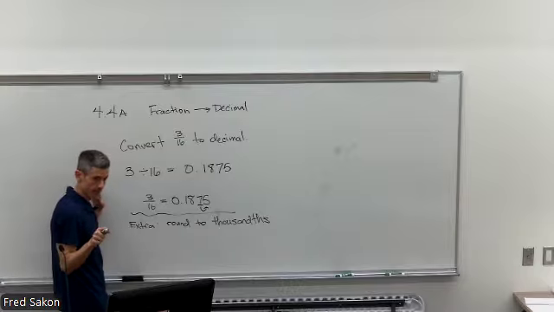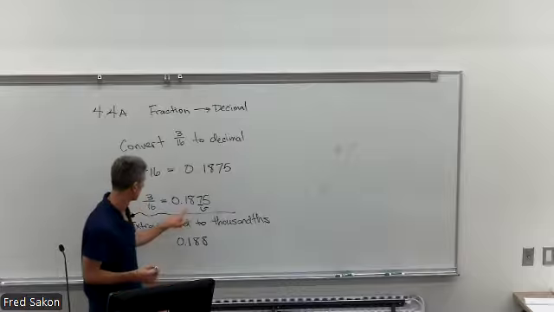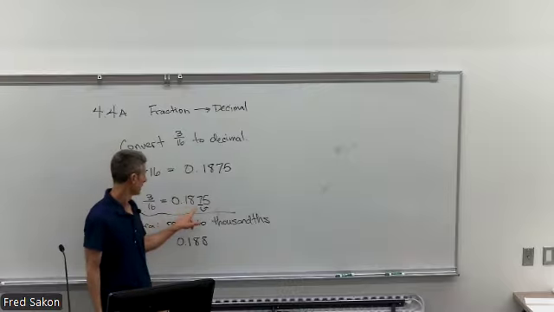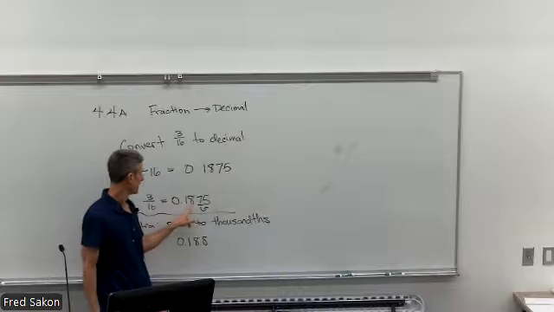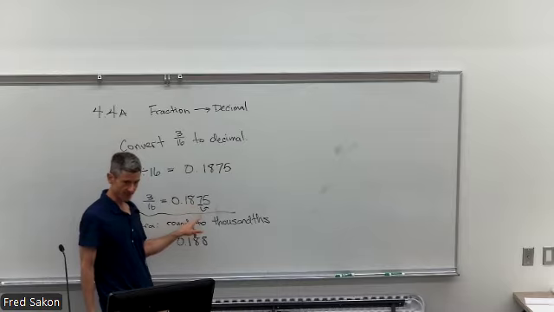Go up with that, and so it is 0.188 to the nearest thousandth. This is the tenth place, hundredth place, thousandth place. So there's a 1/10, an 8/100, and a 7/1000.